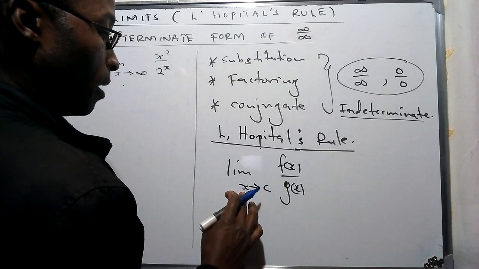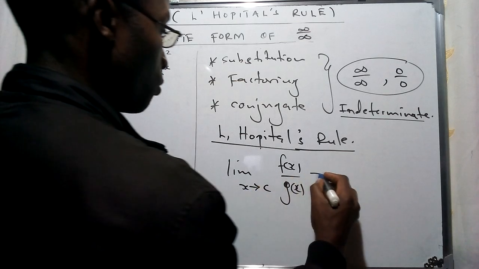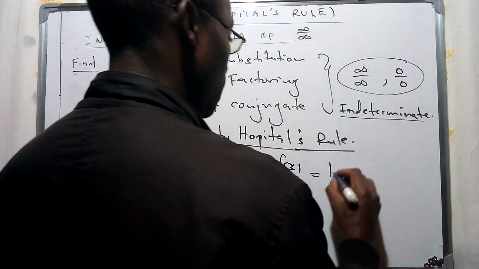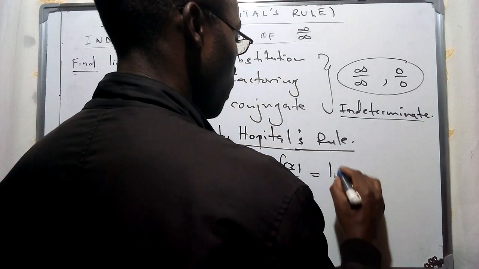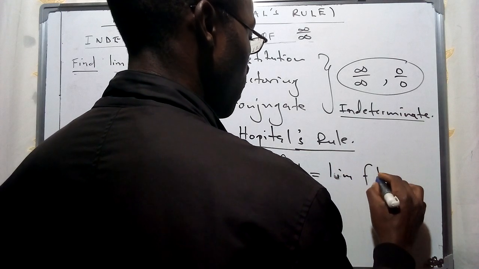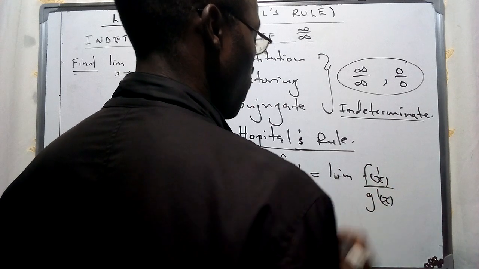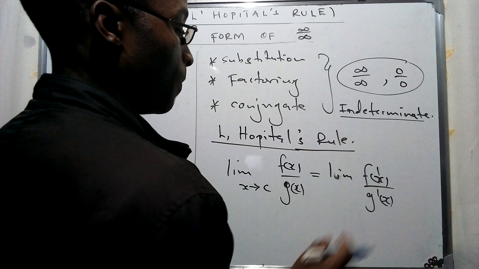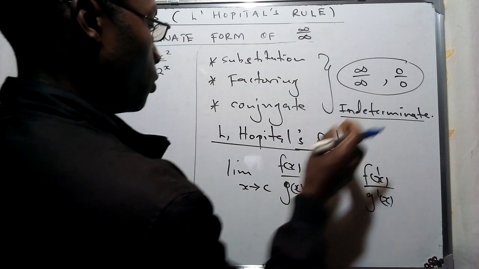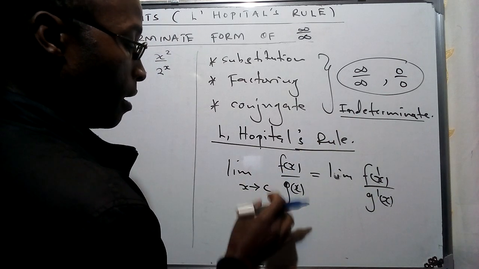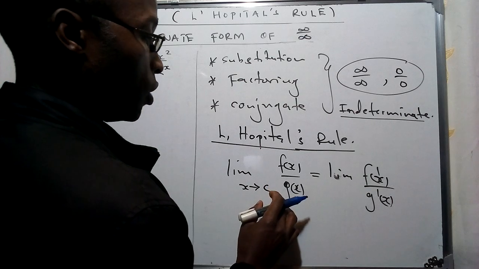As the value of x tends to c, we can give this limit in terms of the limit of the first derivative with respect to x of f over the first derivative with respect to x of g. So these are two polynomials, f and g, given as such.